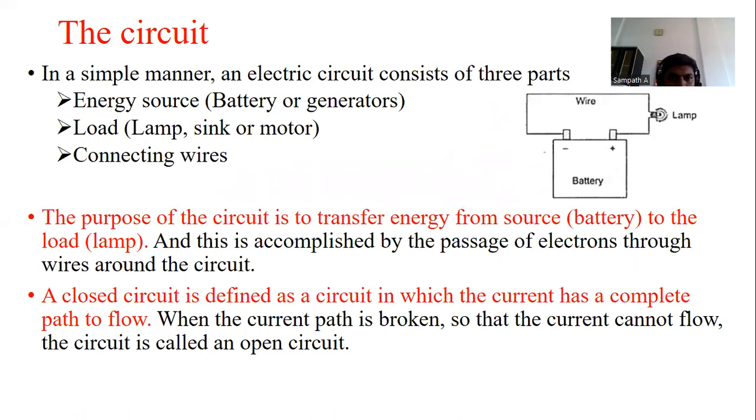Here the source is used to give the supply or excitation to the circuit. Load is used to consume the power for a particular application like a lamp, sink, or motor. Connecting wires are a bridge used to connect the energy source and the load. These are the major three parts of circuits.